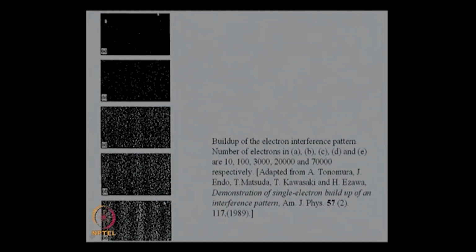In the classical interference experiment, the intensity will become fainter and fainter, but the interference pattern will appear in the form of dark and bright fringes.